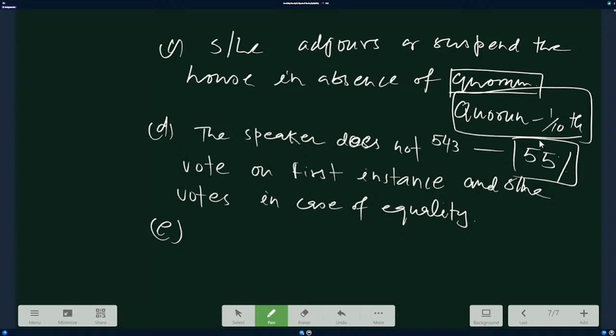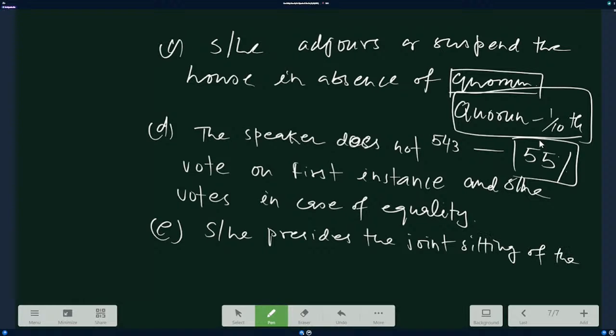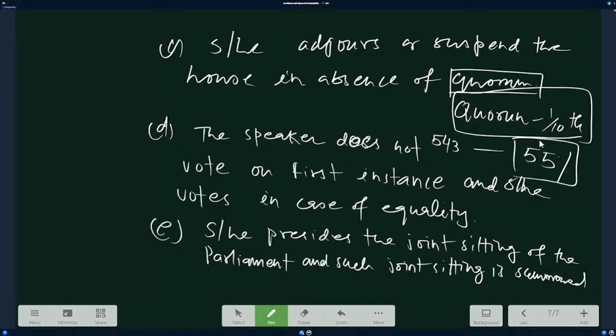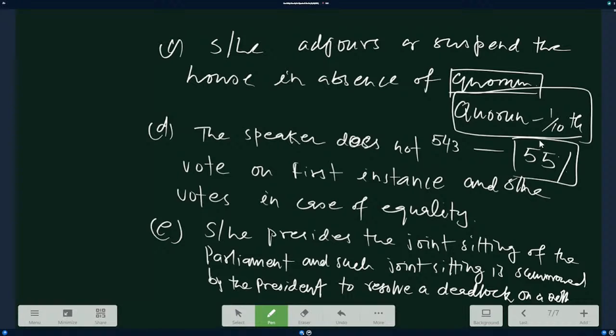Such a joint sitting of the Parliament is summoned by the President to resolve a deadlock on a bill. Right?